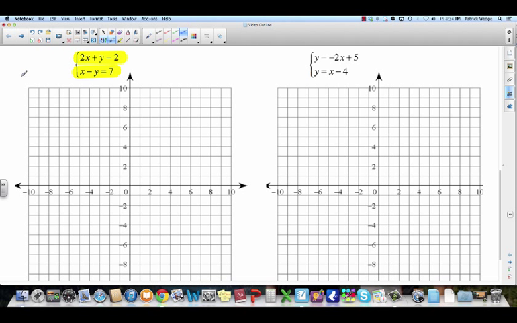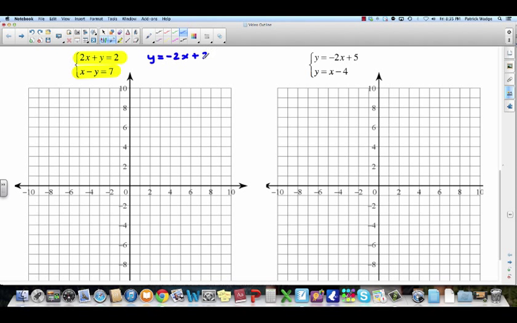Let's start by graphing the top one here. There are 2 ways to graph this. One way is to switch this into slope-intercept form. You move the 2x to the other side, and you end up with y equals negative 2x plus 2.